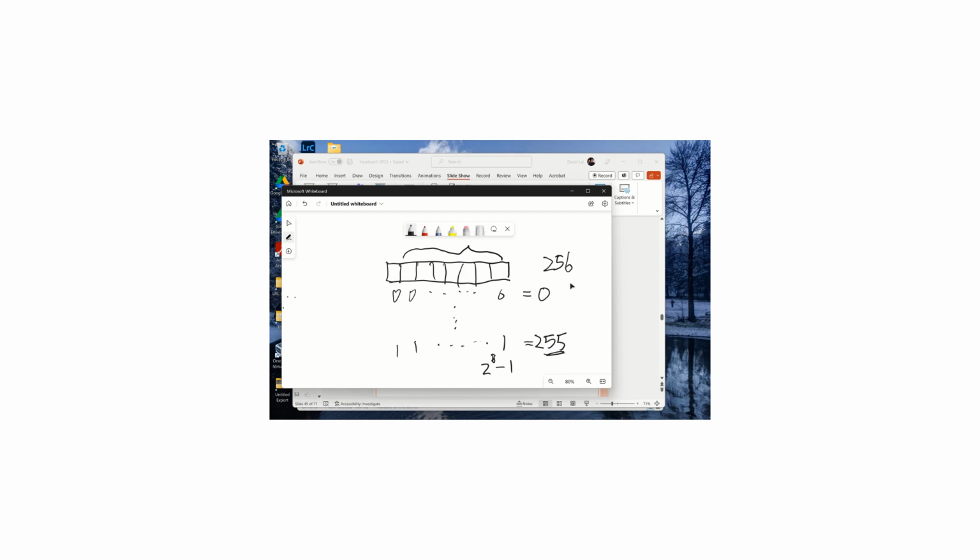So you will have from negative 128 all the way to 0, and then all the way to 127. So that's what an 8-bit signed binary number can represent after you've taken out the most significant bit for sign.